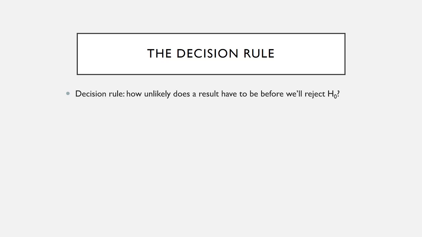Okay, so the question is, how unlikely does a result have to be before we'd be willing to reject the null hypothesis? We're going to quantify this in probability terms with what we call a critical probability value, also known as our alpha level. This is not the same as our Cronbach's alpha. Alpha just pops up all the time in statistics.